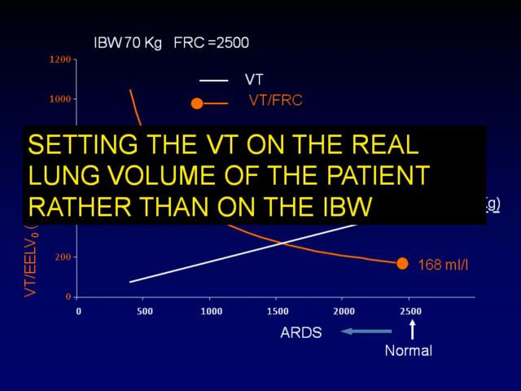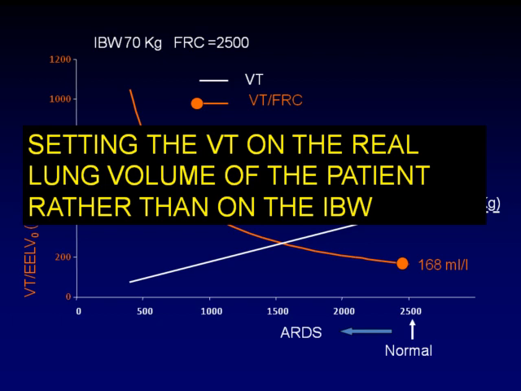While in this one, which is a less severe patient, I have just 160 milliliters per liter of end expiratory lung volume. So the change in size of those alveoli is very different.